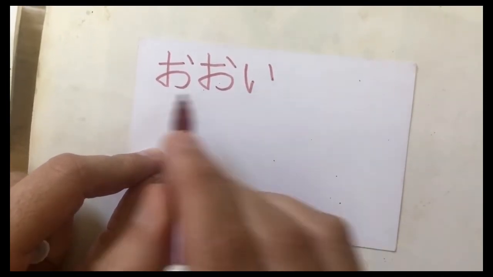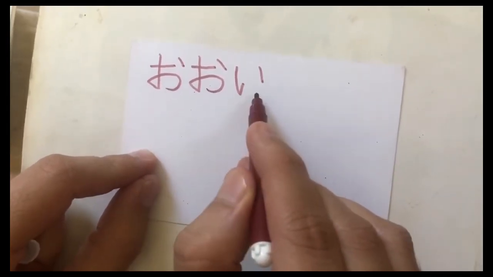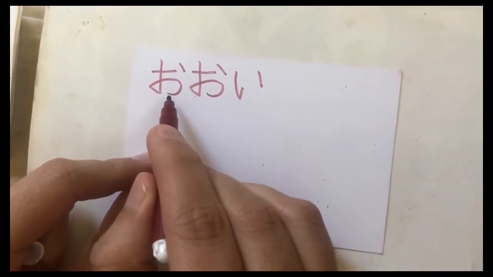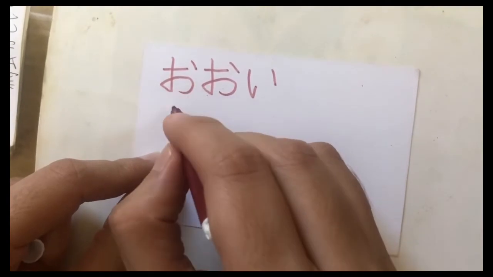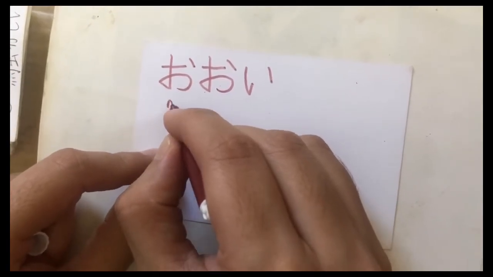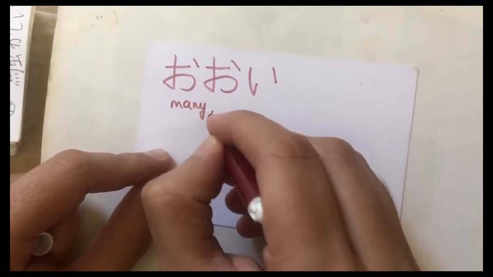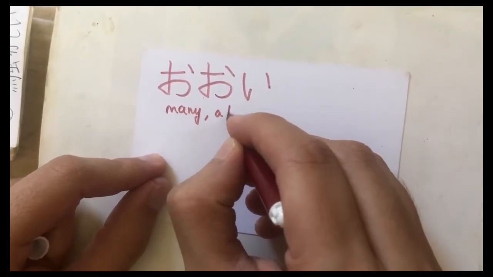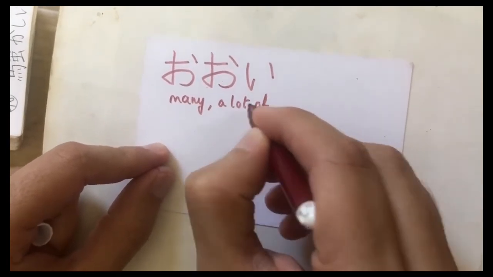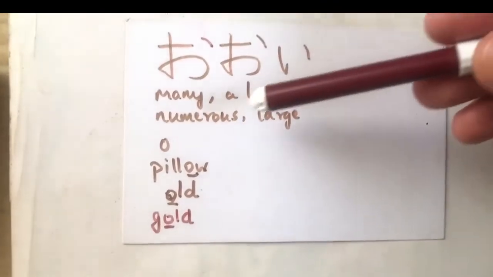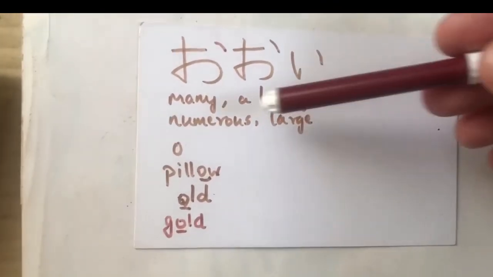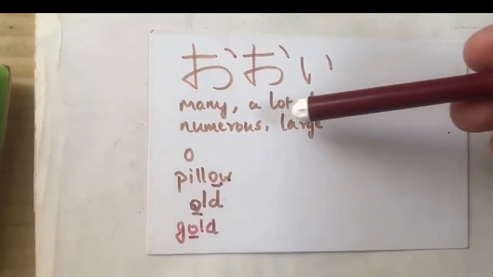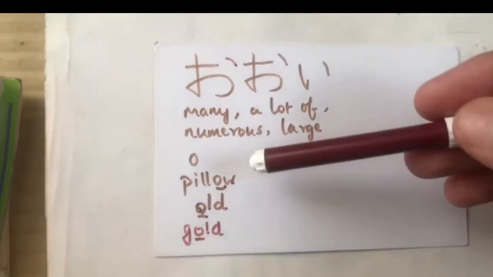Oi, oi. Let me repeat. Oi, which means many, a lot of, a lot. It also means numerous and large, a large quantity, many people, a lot of problems, etc.